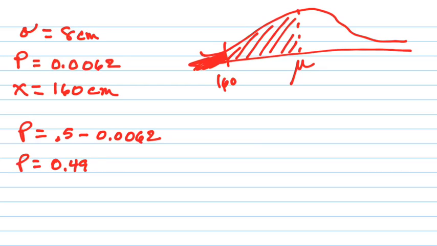Now, what does that give me for my probability then? 3.8. Go to your chart. Going into the body of the chart there, do you find 0.4938? Yep, they're being very nice to you again. That gives you a z value of 2.50, which is the same as just 2.5, right?